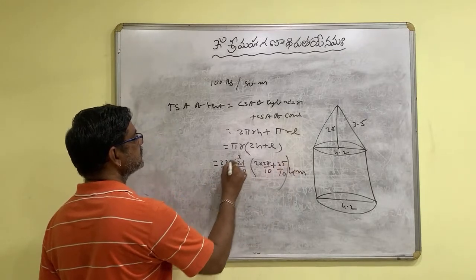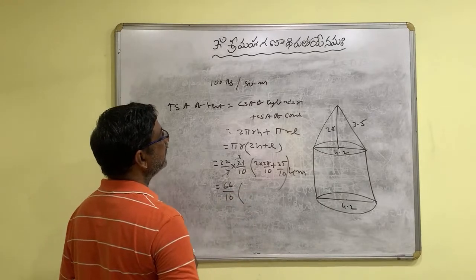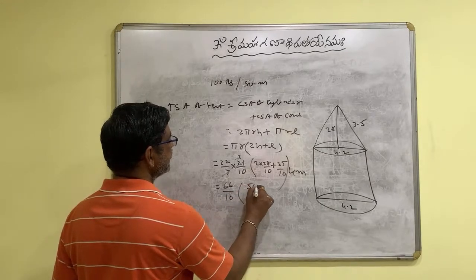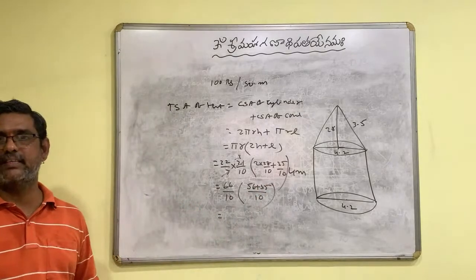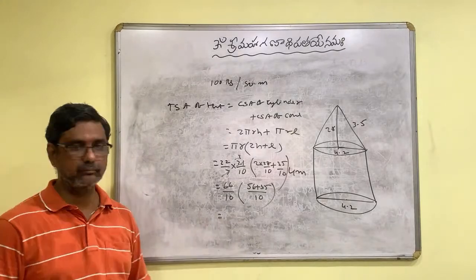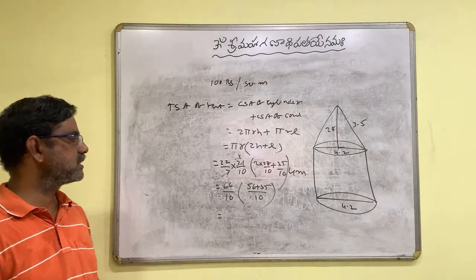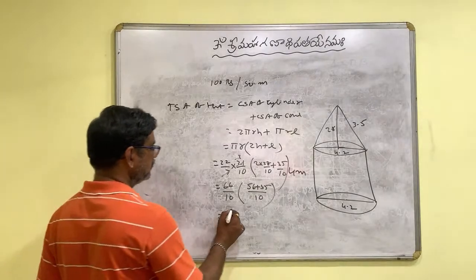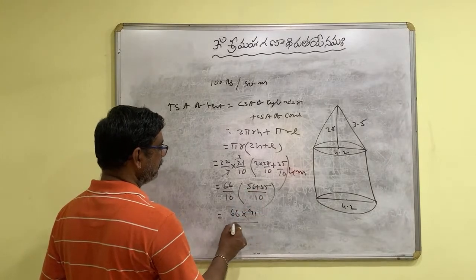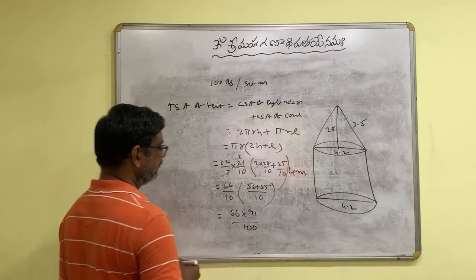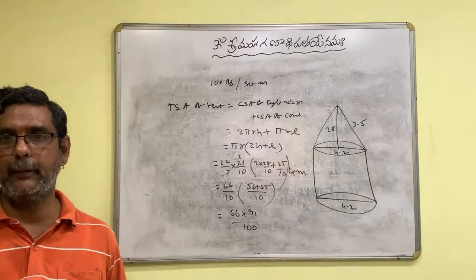So 7 3s are 21, 66 by 10, and there 56 plus 35 by 10. 56 plus 35, how much? 91 by 10. Tens are 100. 56 plus 35 is 91.